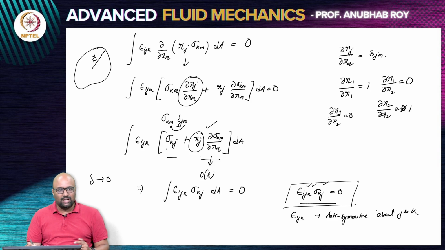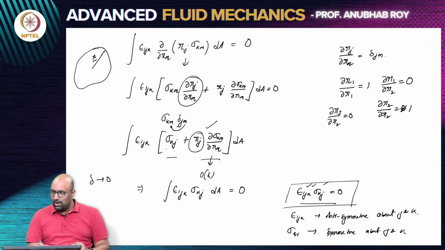It is also antisymmetric about i and j and i and k, but for the purpose of the present discussion, what we find interesting is that it is antisymmetric about j and k. So the only way this is going to be 0 is if sigma was symmetric about j and k.